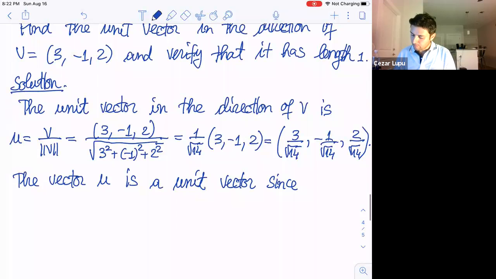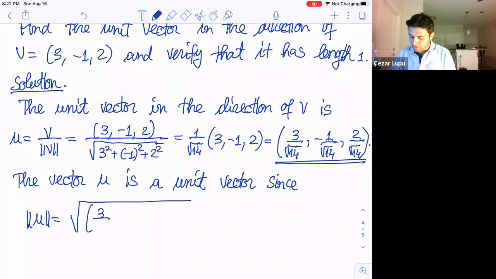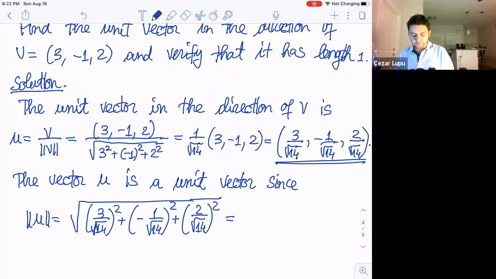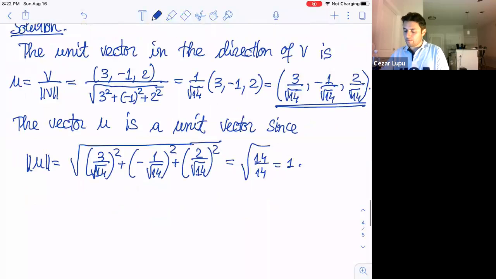If I want to compute the magnitude of u, it will be the square root of (3 over square root of 14) squared plus (-1 over square root of 14) squared plus (2 over square root of 14) squared, which is, well, obvious at this point, 14 over 14, which is 1. Indeed, this is a unit vector, right?